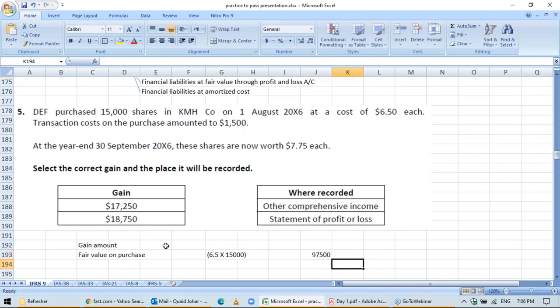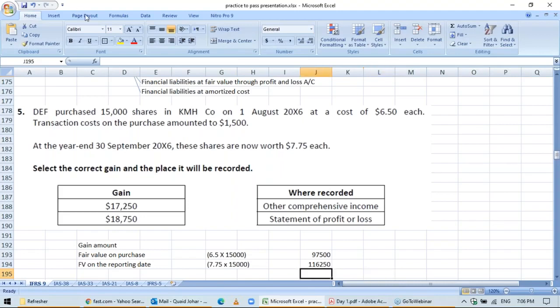This gives you 97,500, and then the fair value on the reporting date. The fair value on the reporting date is 7.75, multiplied by 15,000 shares. So this makes 116,250.